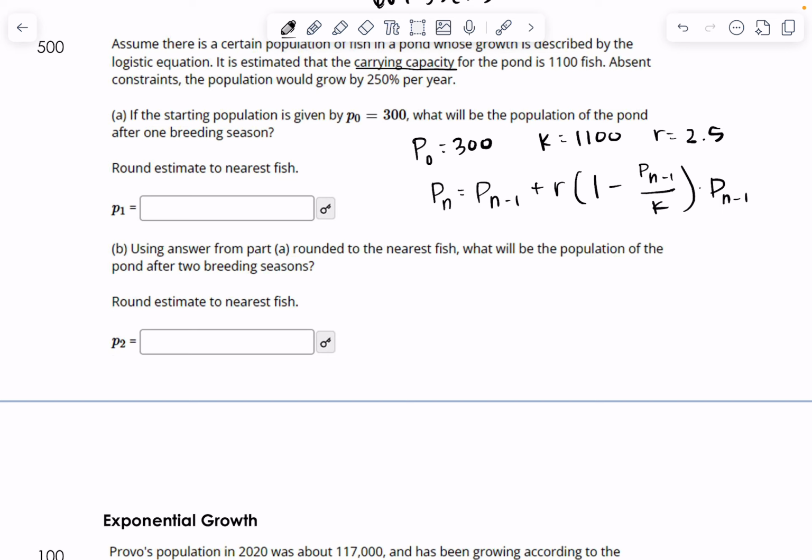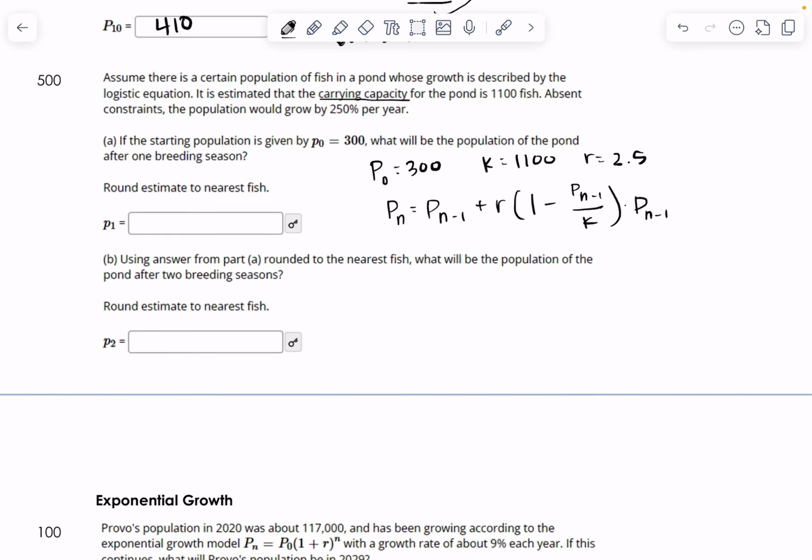So now plugging this in, if we're trying to find P sub 1, then we have P sub n equals P sub n minus 1 plus R times all of that stuff. So if you're trying to find P sub 1, this is P sub 1 minus 1, which is P naught.